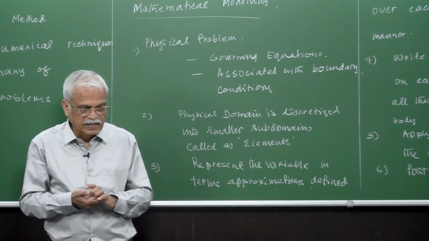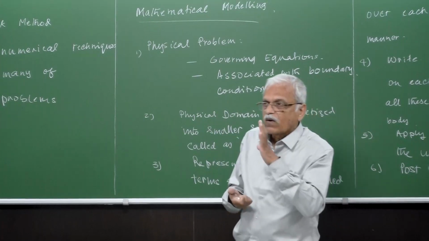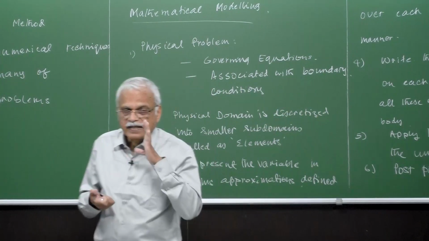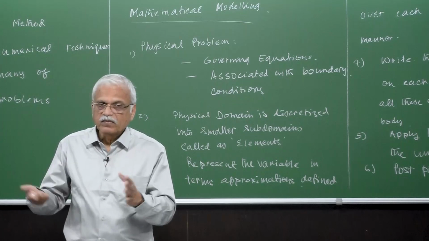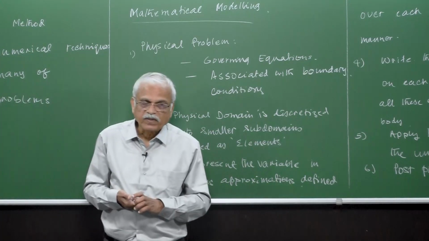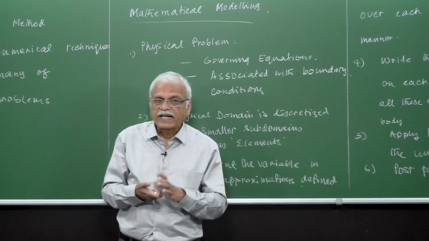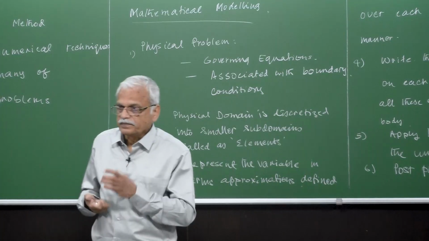So you will be able to make all these choices, and then depending upon the problem, you can go for some simple element or more complex elements. So this is what you're going to be handling, right?